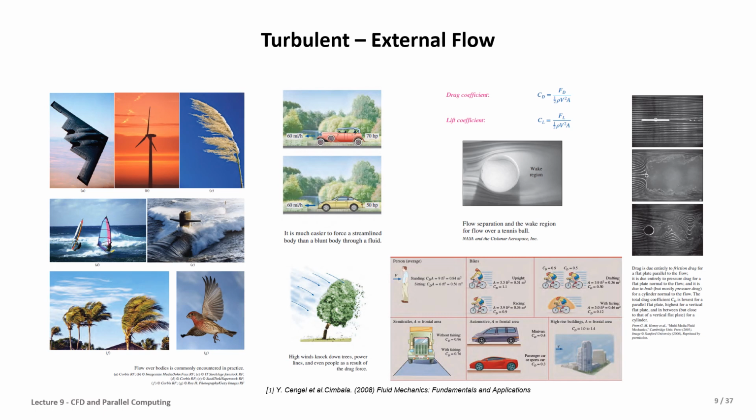You can see the drag coefficient and lift coefficient definitions here, and you can see some examples of the drag coefficient, how it's different between, for example, a person walking and on a bike, about the shape of the car, about the building, and also about the truck. You can see the tree also.